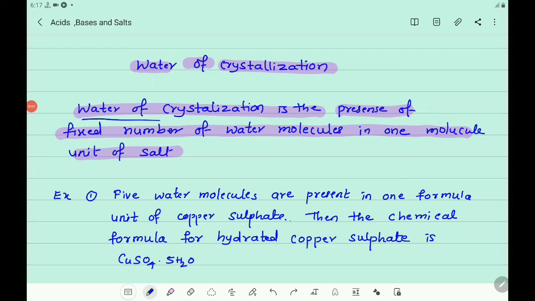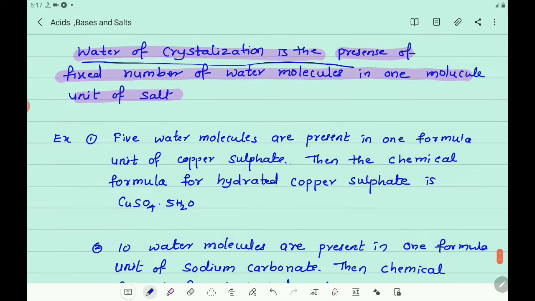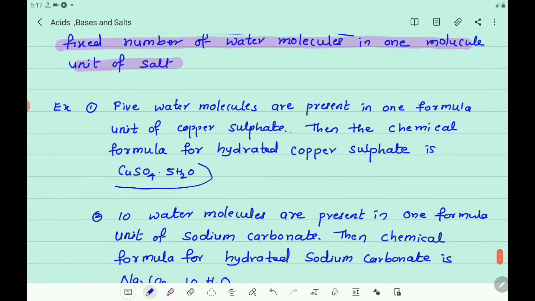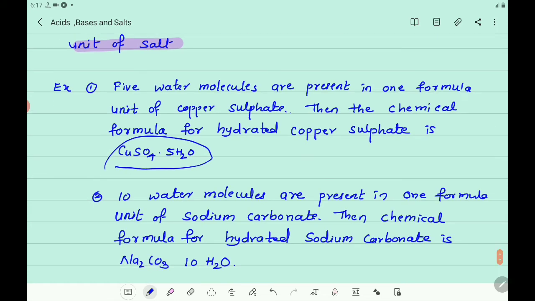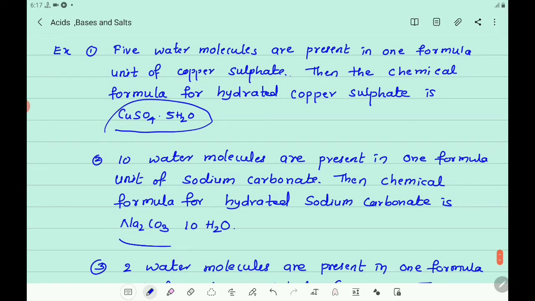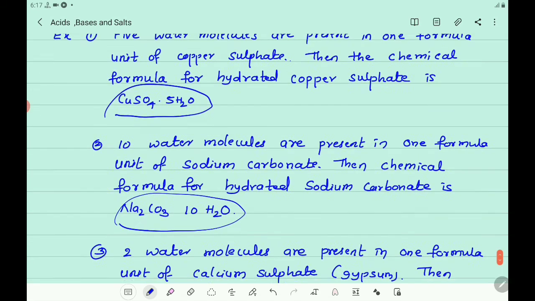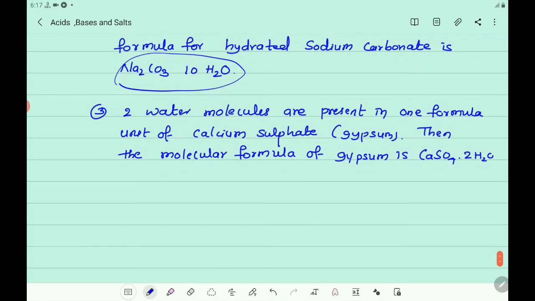Here you got that water of crystallization is the presence of a fixed number of water molecules in 1 formula unit of salt. Here we have taken copper sulphate with 5 molecules of water, sodium carbonate with 10 molecules of water, and calcium sulphate with 2 molecules of water. That is water of crystallization.